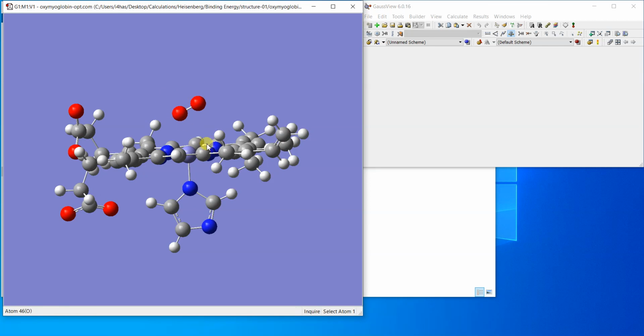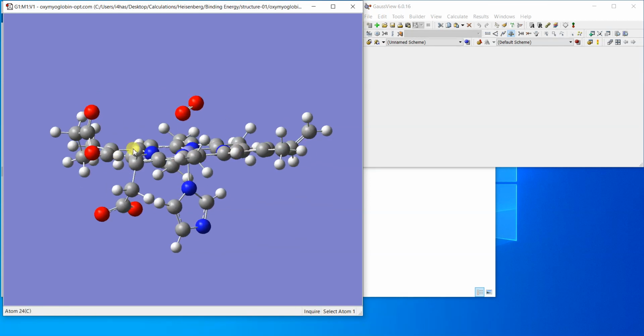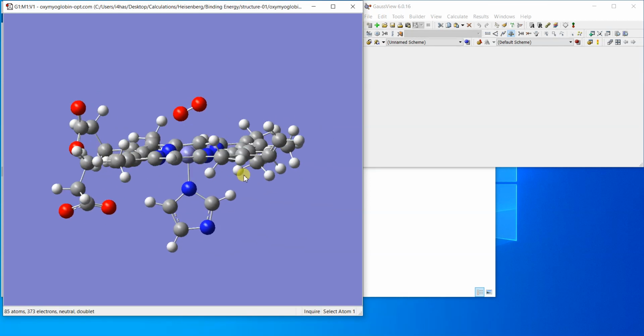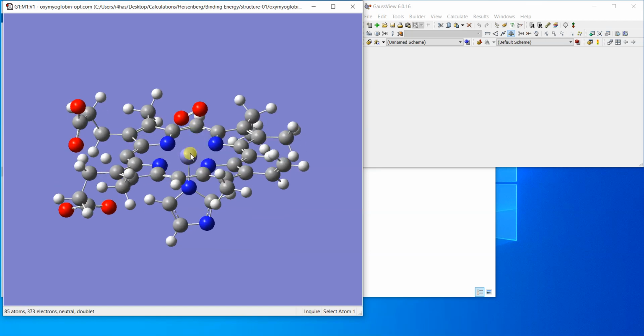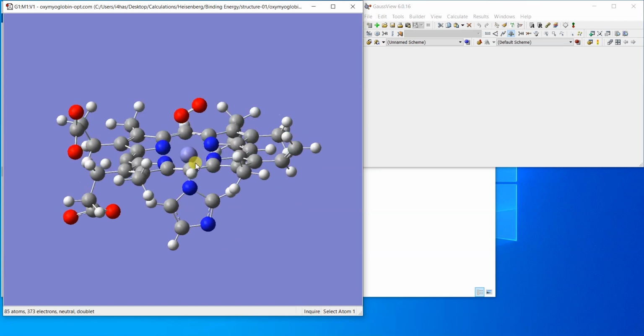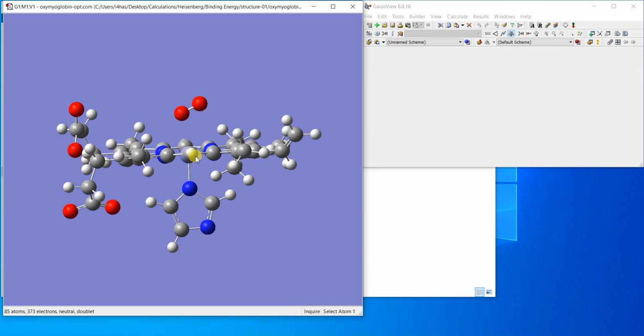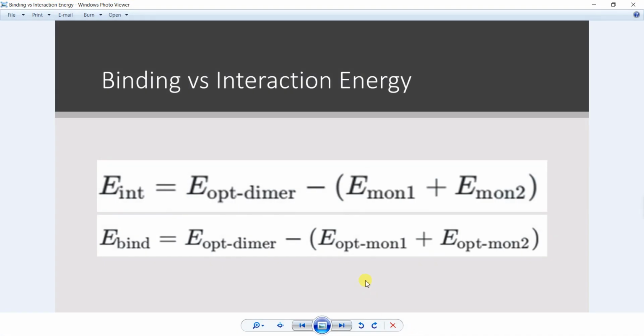Oxy is due to this oxygen, and this whole molecule is myoglobin. The oxygen is binding with iron, and we are going to calculate its binding energy. We can say this whole myoglobin molecule is monomer 1 and oxygen is monomer 2, and then we can compute the binding and interaction energies.